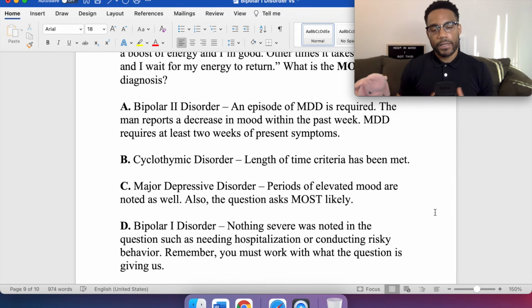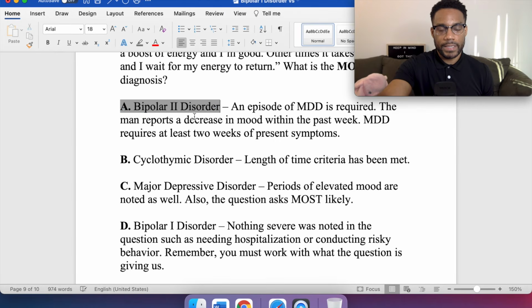Remember, time frame, not just for bipolar 1, bipolar 2, but for any of the diagnoses. The time frame is the major giveaway. Sometimes we can't just simply look at the symptoms. While the symptoms are important, we want to focus on the time frame as well. So because of that, bipolar 2 is not the correct answer.